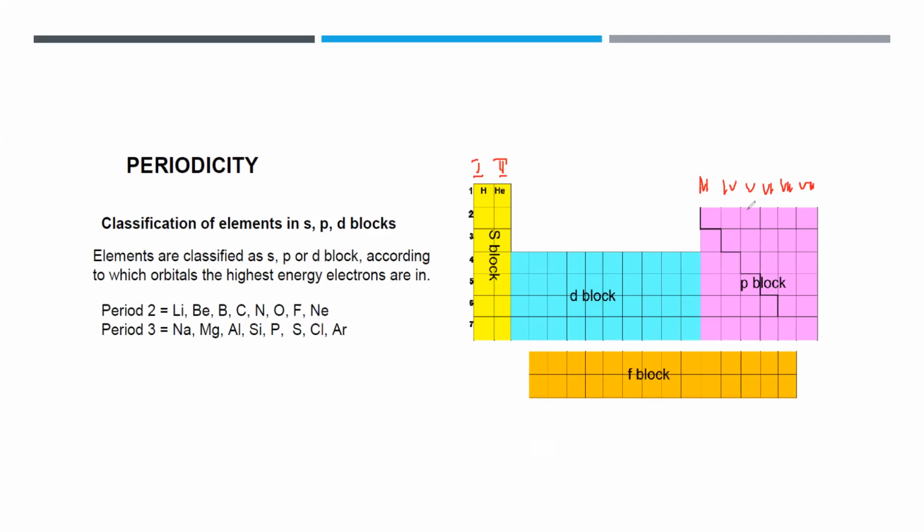Then we have d block elements, where the last shell electron is in a d orbital, and then f block elements. So actually, the whole periodic table's elements are classified as s, p, d, and f according to which orbital the highest energy electrons are in. The electrons having the highest energy, where they are present, refers to the block of the element.